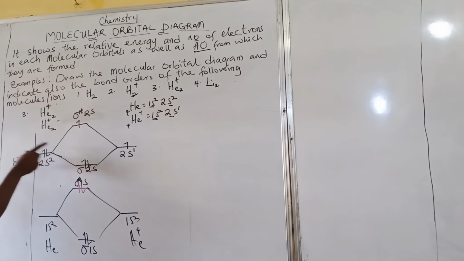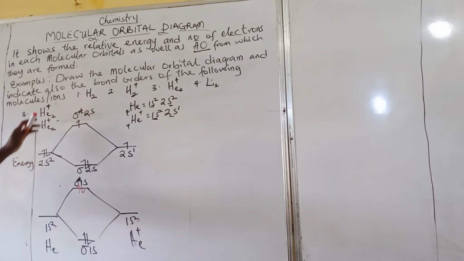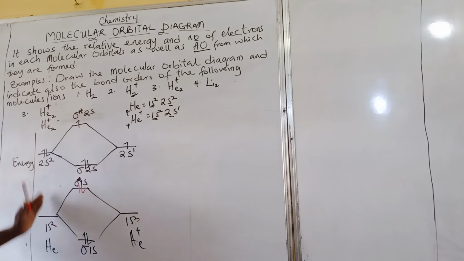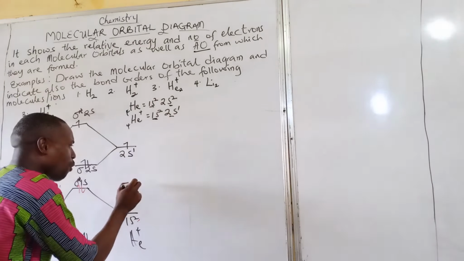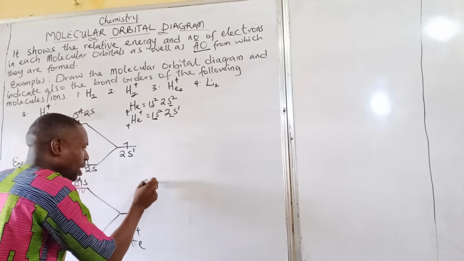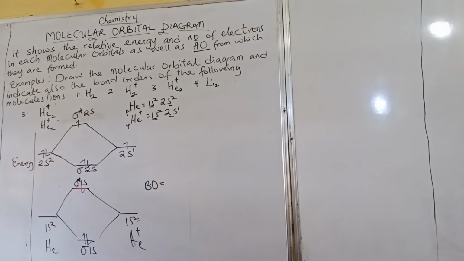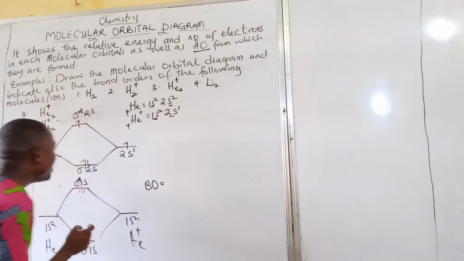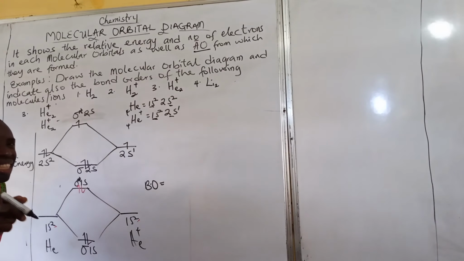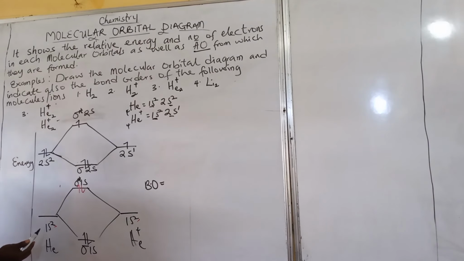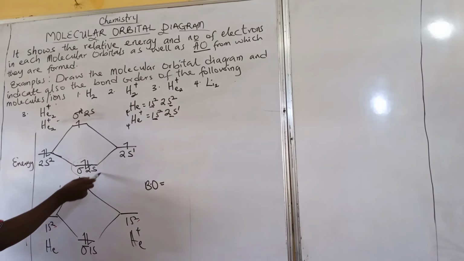I hope it's clear. Now, from here, remember that these here are the atomic orbitals. They will then come forth here to find the bond order. The bond order here is equal to, now, how many electrons are in the bonding? Look at it. Is here not the bonding?